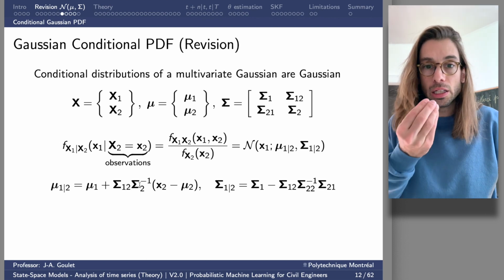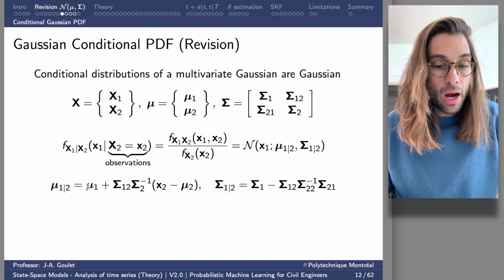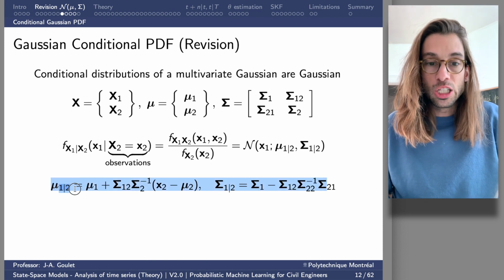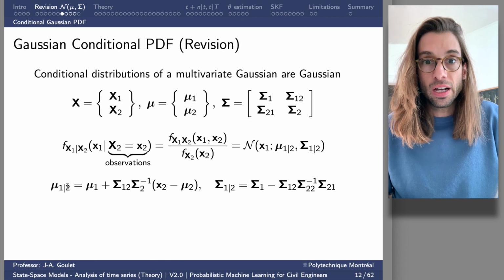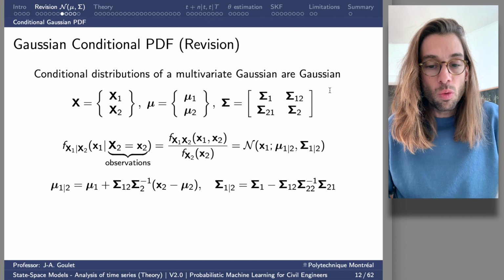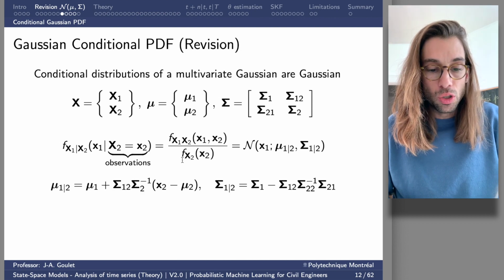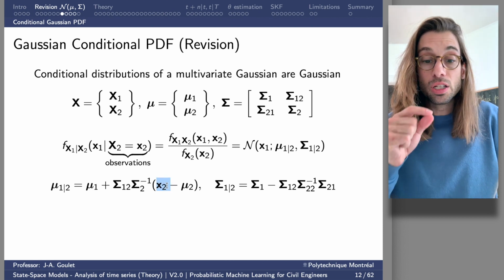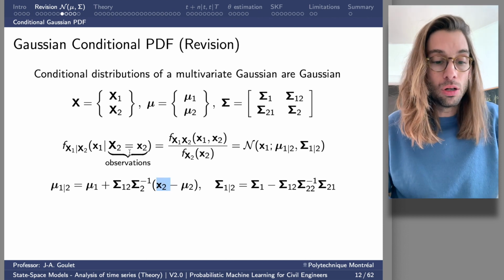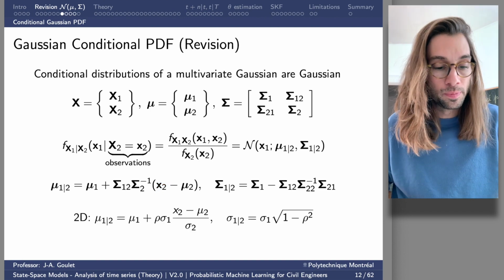We have an analytically tractable way of doing that Bayesian inference, where all the terms in the conditional expected vector and conditional covariance are a function of all the quantities we have defined here: mu1, sigma 1,2, sigma 2, mu2, and x2, where x2 is the actual observation for x2, the actual value that we're observing.